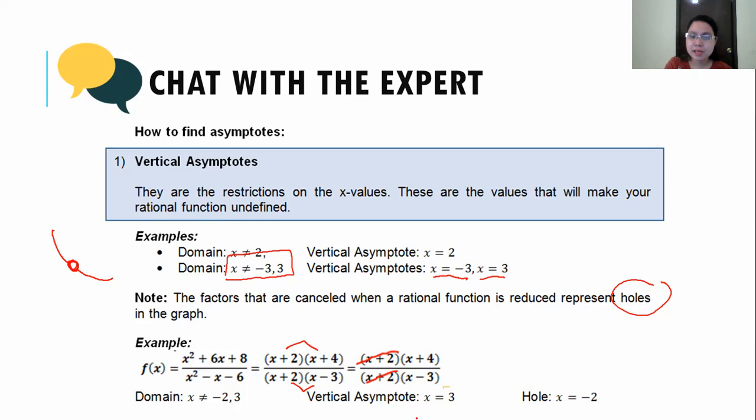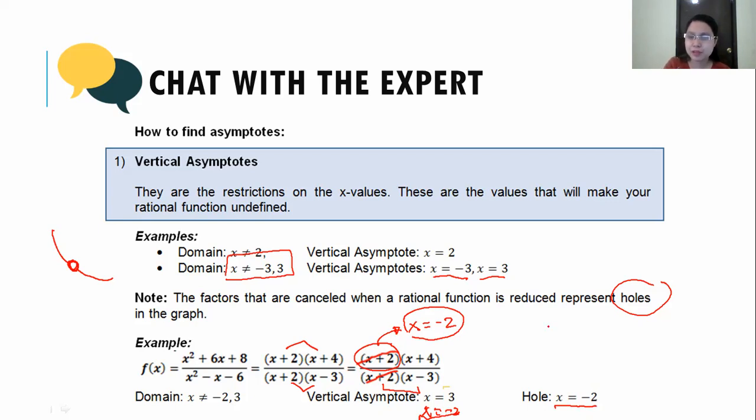In the denominator, our possible holes, our domains, are x should never be equal to -2 and 3. And our possible vertical asymptotes can be x equals -2 and x equals 3. But since x plus 2, which will be transposed to x equals -2, is a common factor, then x equals -2 is no longer an asymptote, but it becomes a hole.